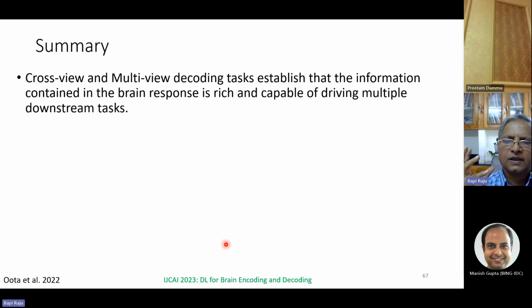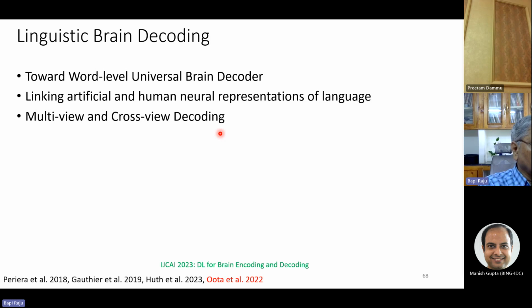Although this activation was seen for a particular task, and you know the brain has distributed activation, our results indicate that it is possible to use this for multiple downstream tasks, right?